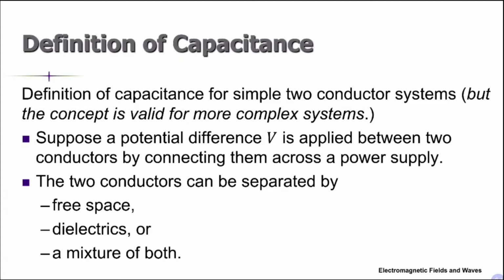Suppose we have a potential difference V applied between two conductors by connecting them across a power supply, and the two conductors are separated either by free space, or there are dielectric materials between them, or a mixture of both.